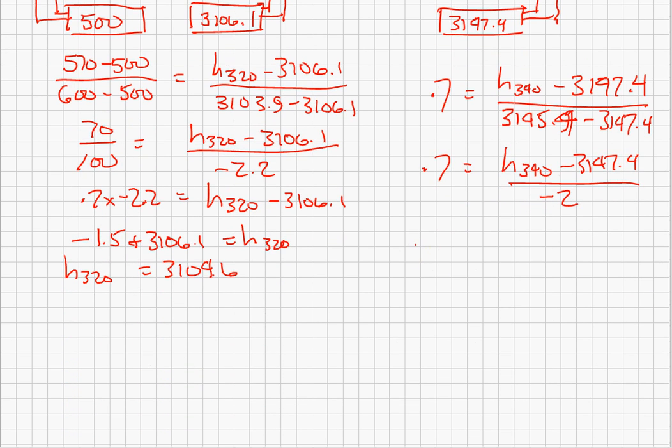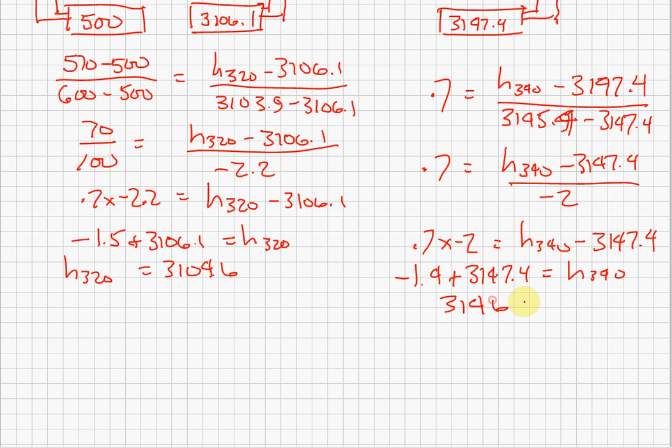And we'll keep on going. 0.7 times minus 2 equals H340 minus 3147.4. Minus 1.4 plus 3147.4 equals H340, and 3146 equals H340.